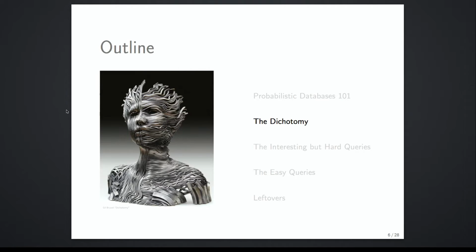You can compute them, he says, in polynomial time, but in fact the non-repeating conjunctive queries can be computed in linear time, assuming convenient sorting of the database beforehand. And all others are sharply hard. So there is a wide gap between the very hard queries and the very easy queries. And there is nothing in between.